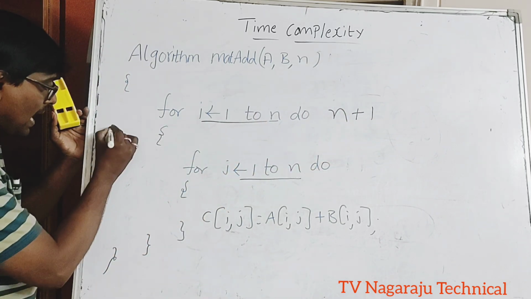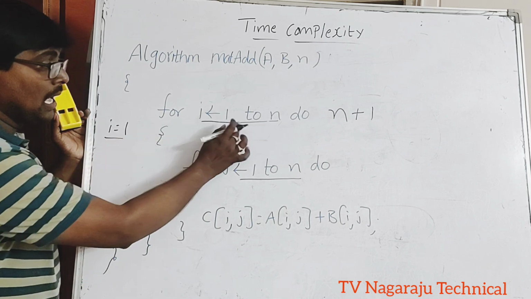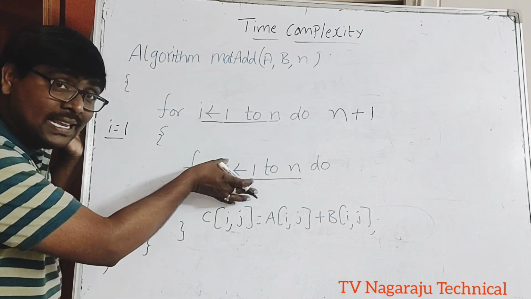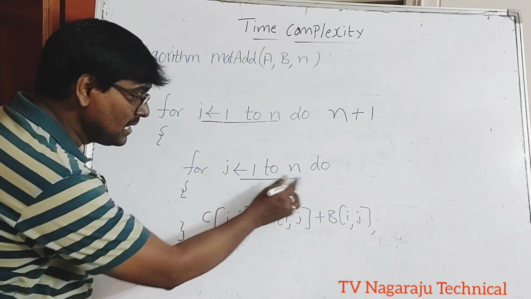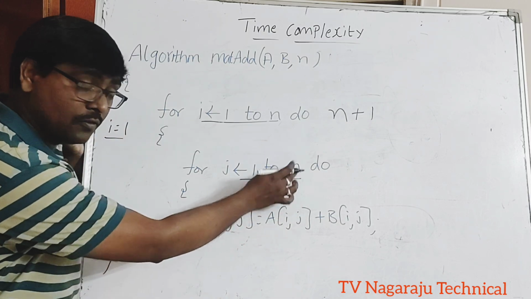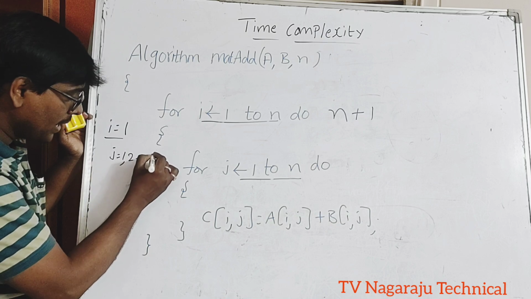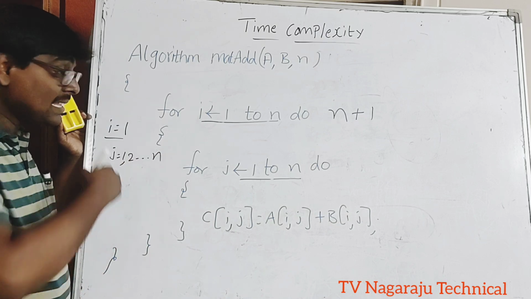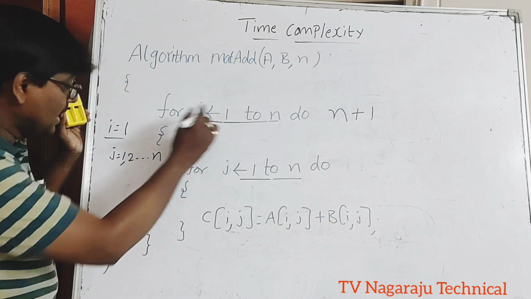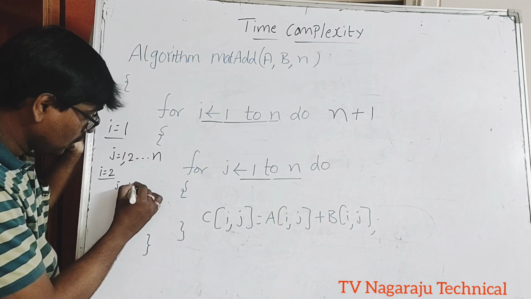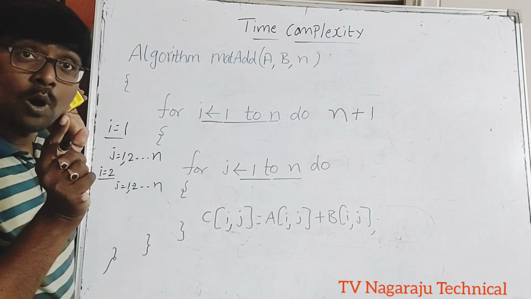Suppose i is equal to 1. Assume the condition is true, it enters inside the loop. Inside the loop, how many times is this executed? j is equal to 1, 2 and so on to n. Next iteration, i is equal to 2. Again j is equal to 1, 2 and so on to n.